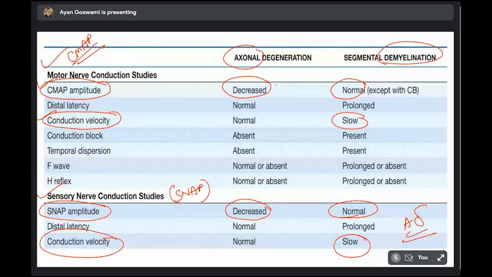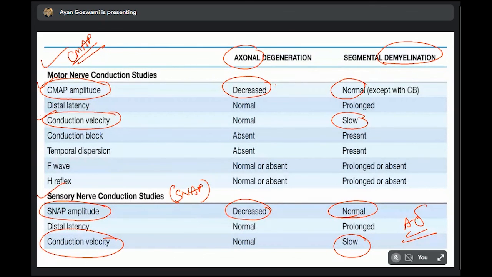With nerve conduction study, you can differentiate between axonal neuropathy and demyelinating neuropathy. So you will be reporting that it is suggesting axonal neuropathy, or demyelinating neuropathy, or mixed neuropathy. Clear? For example, you have a clinic and you have nerve conduction study equipment, and I am your patient. I am suffering from diabetes mellitus for a long time.